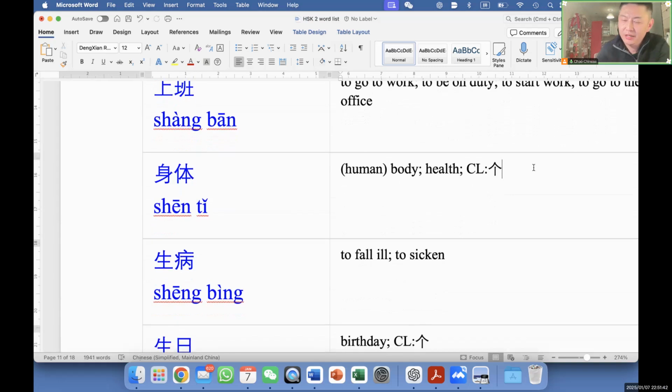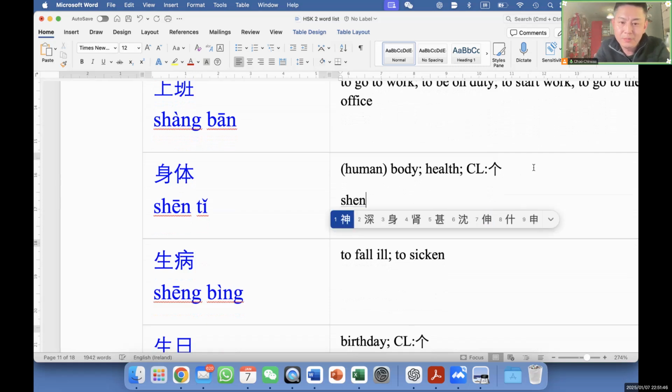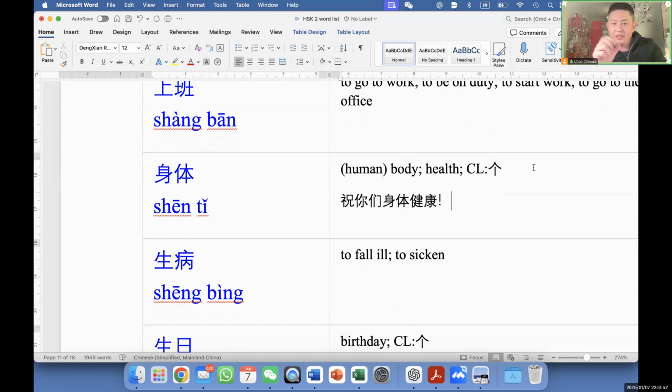I wish all of you a healthy body. 祝你们身体健康. A very nice way to make a toast or to give a wish or write on your card, 祝你身体健康. 祝你们身体健康. 健康 means healthy.